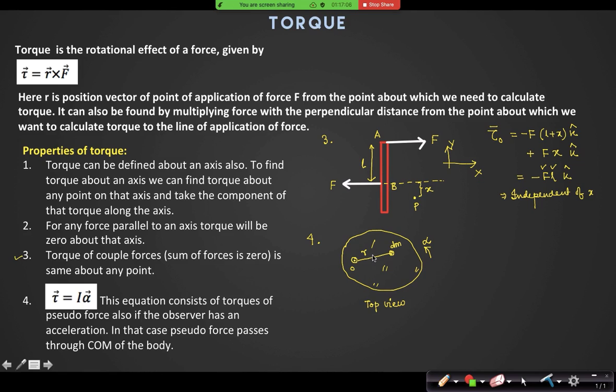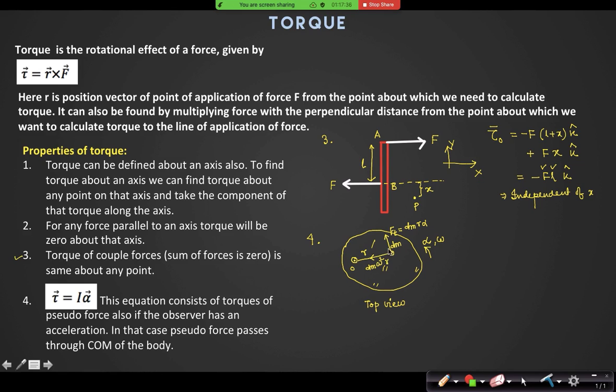There is alpha, so there will be dm into r alpha.